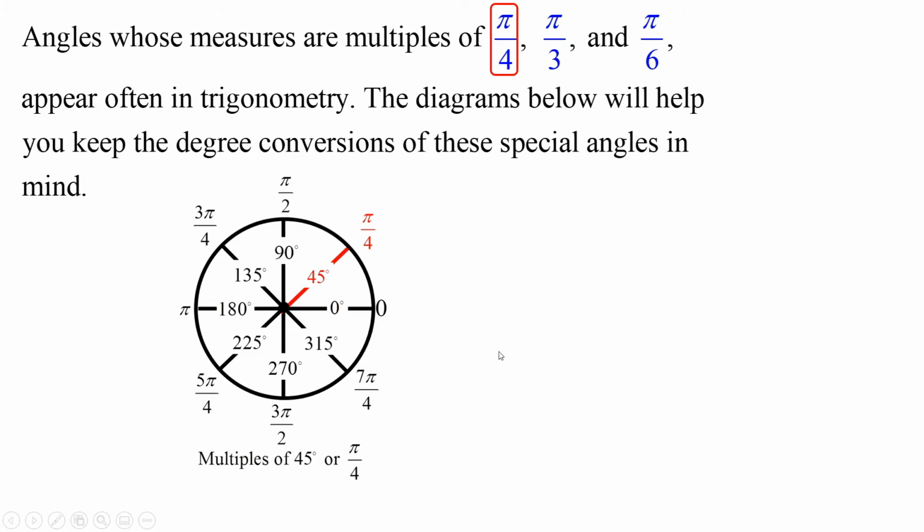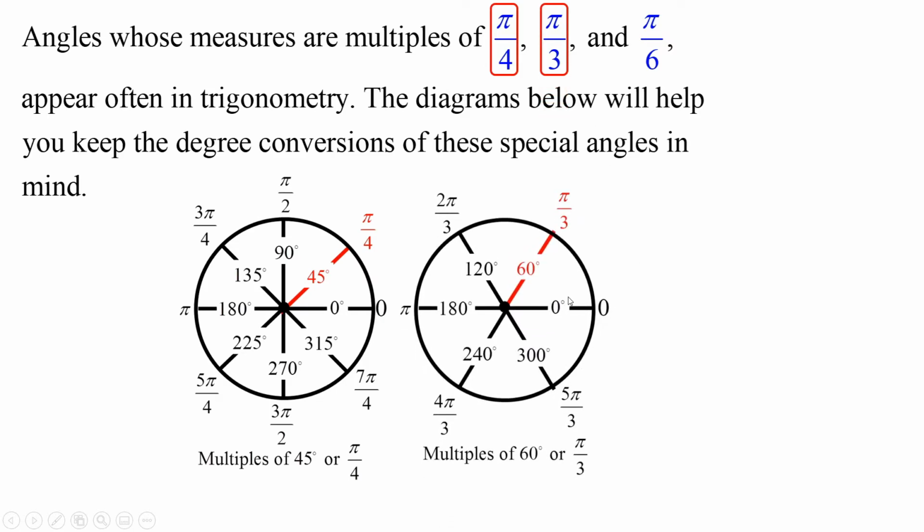All right. Now I'm going to give you another diagram with the multiples of pi over 3. And pi over 3, all right, that's 60 degrees. So there it is right there. So pi over 3 is 60 degrees. And then you have your 2 pi over 3. And then 3 pi over 3, which is pi. And then 4 pi over 3.